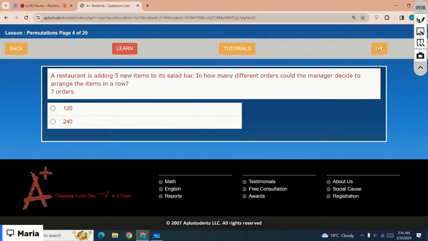So which is the correct option? The correct option is 120. Option number 1 is the correct option. Very good.